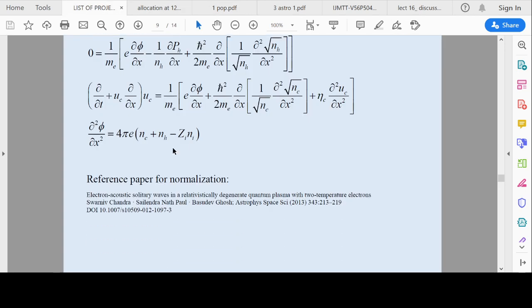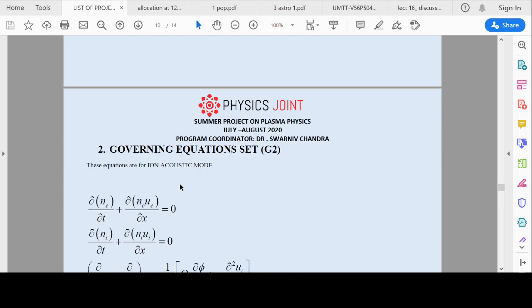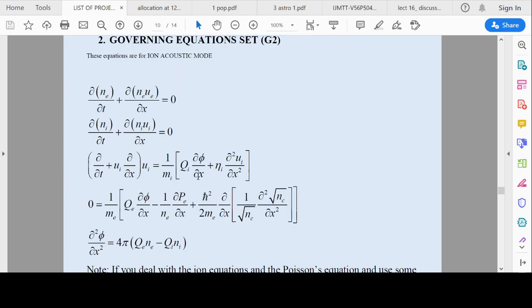Number 2, for this I have given here. Now this is the ion acoustic mode. If you consider only the ion equations, so this equation and this equation, you will get ion acoustic modes. In the ion acoustic mode, what will happen? You will just take the ions Ni as a perturbation expansion, and for the electrons you can take a distribution function, as we have done on the last page.